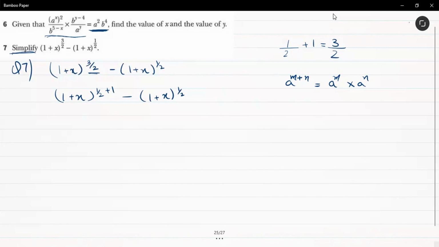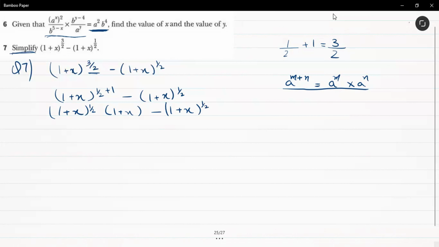So a to the power m plus 1 equals a to the power m multiplied by a to the power 1. So we can say (1 plus x) to the power 1 over 2 multiplied by (1 plus x) as a whole, minus (1 plus x) to the power 1 over 2.